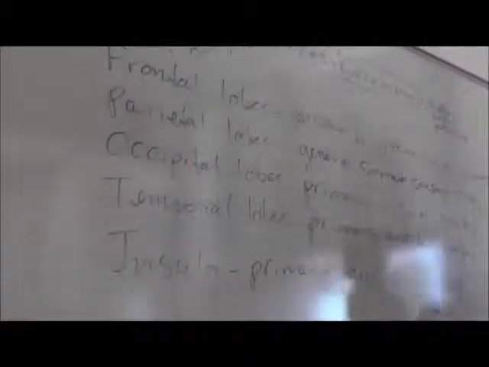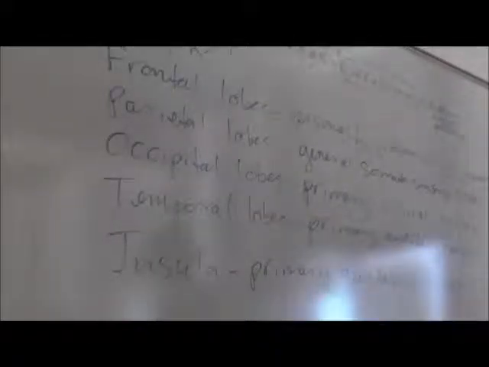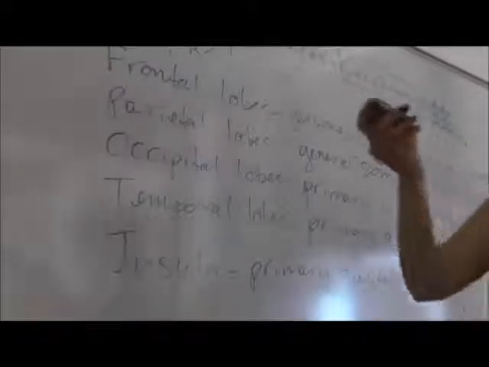The next part of the brain is called the diencephalon, and it's deep to the cortex. The diencephalon has 3 regions that we should talk about. If you look here on this figure, the diencephalon is this purple part.